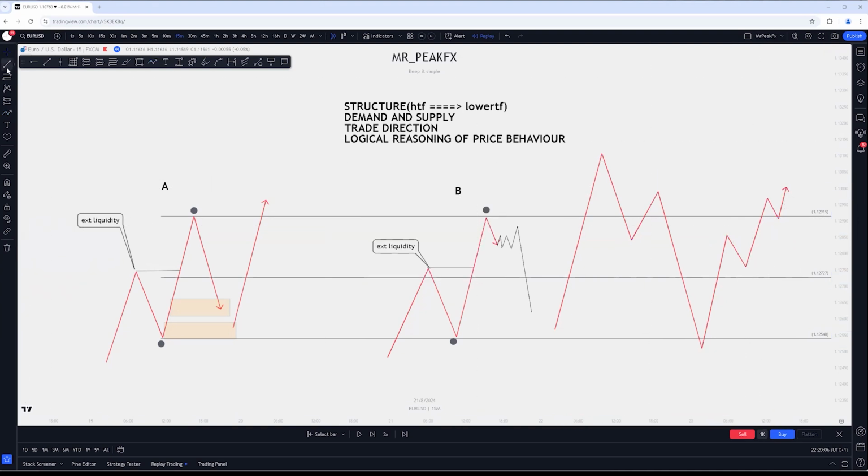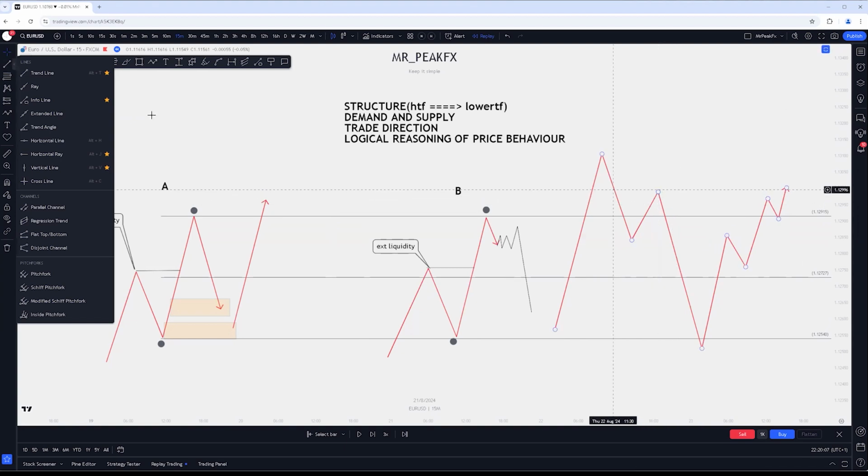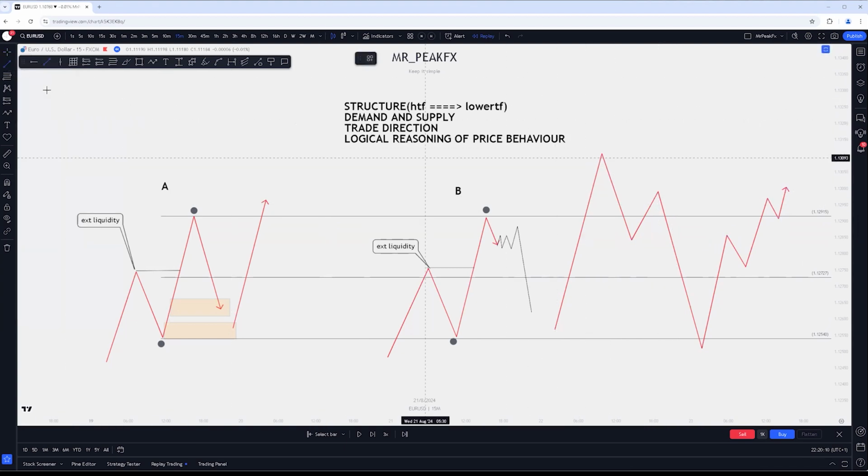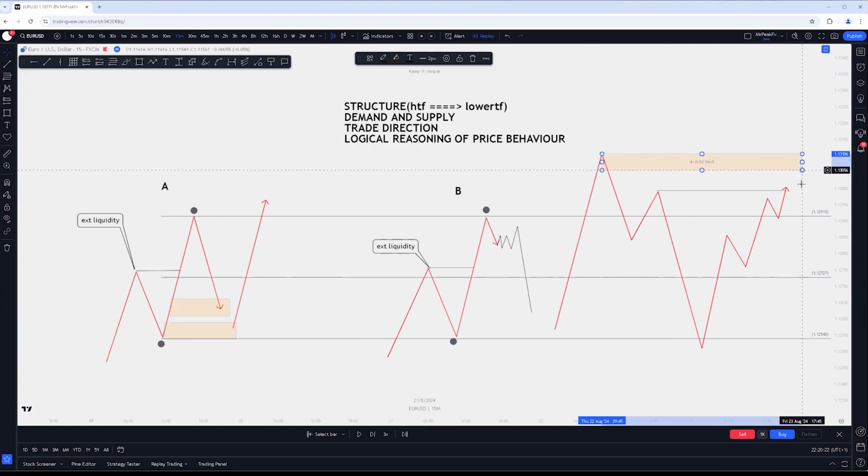When price was extremely bullish, it could be that price was trying to chase a certain external liquidity, and I probably have a zone or a supply where I know that this is where price is going to test.